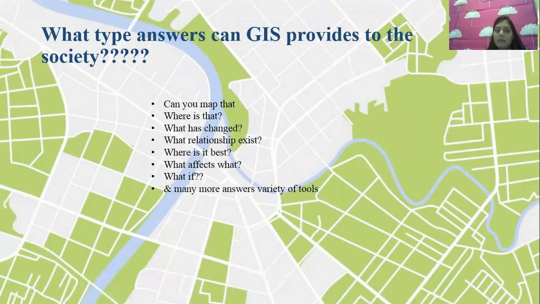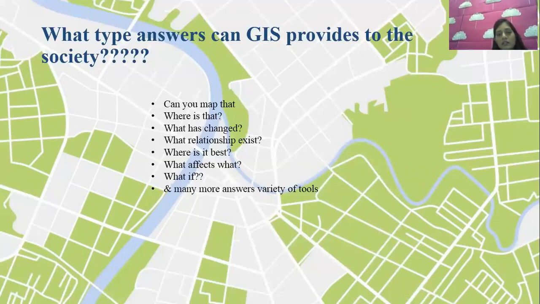We can map all the things because GIS wants only the location. If we have location and some other characteristics related to that, we can map that. So GIS can map not only the big things, but also small scale, large scale, whatever requirement we have, we can map that.